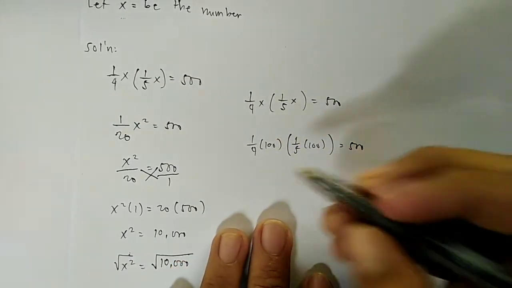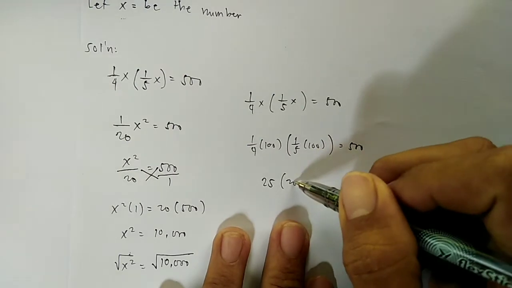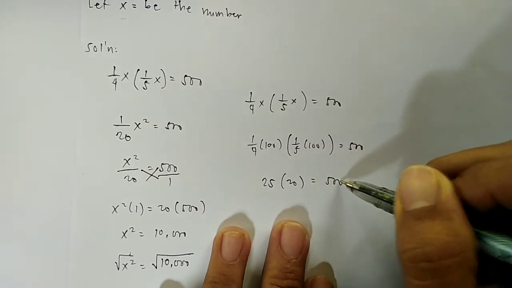So 1/4 of 100, times 1/5 of 100, is equal to 500. 1/4 of 100 is 25, and 1/5 of 100 is 20, and 25 times 20 is equal to 500.